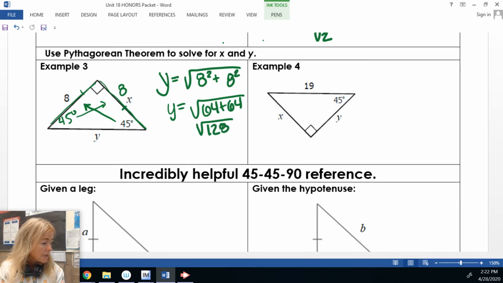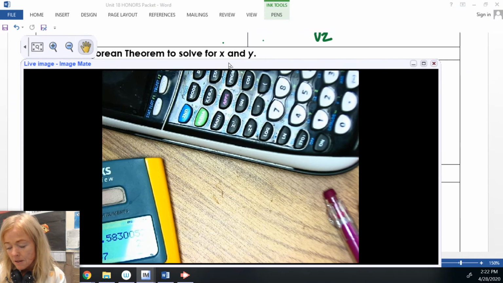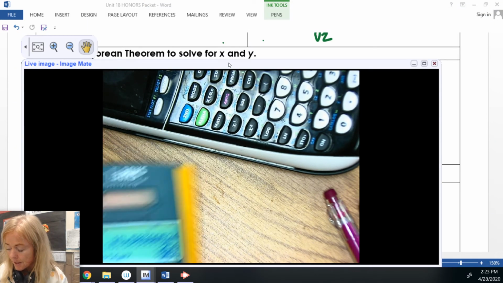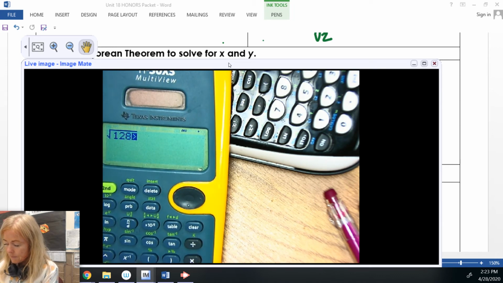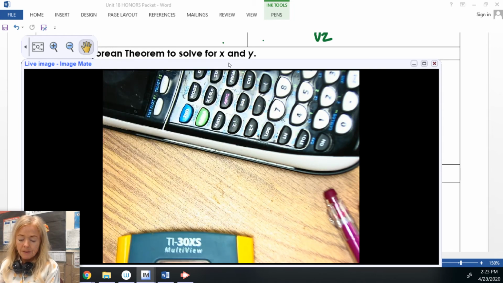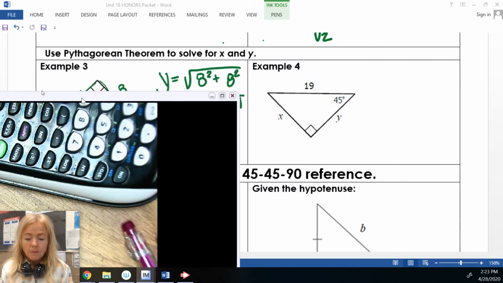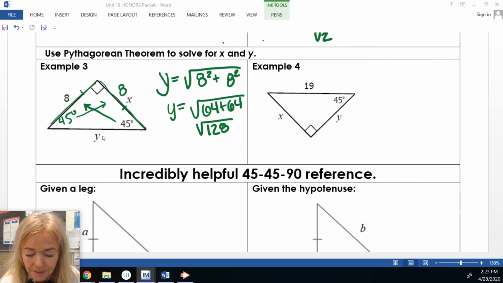And if we put radical 128 in our calculator, we get 8 radical 2. Ooh, that's kind of odd, isn't it?